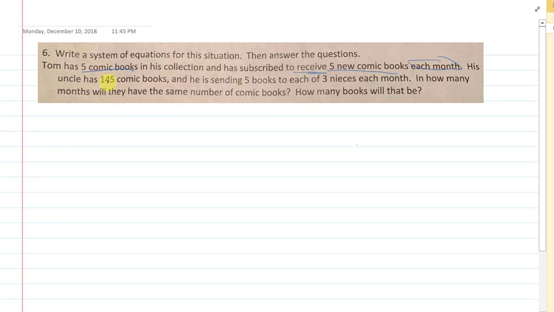His uncle has 145 comic books and he is sending 5 books to each of his 3 nieces each month. In how many months will they have the same number of comic books, and how many books will that be? So let's deal with Tom first.